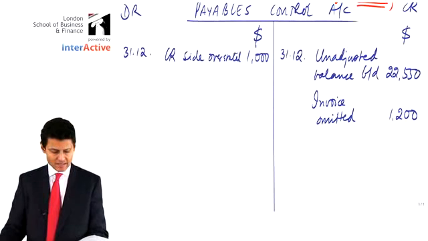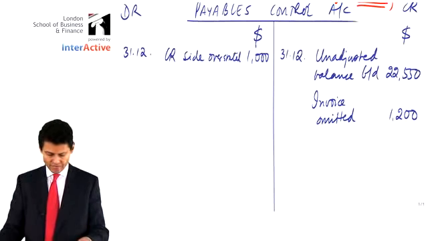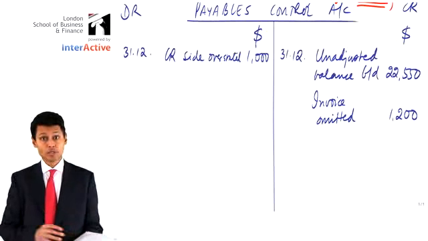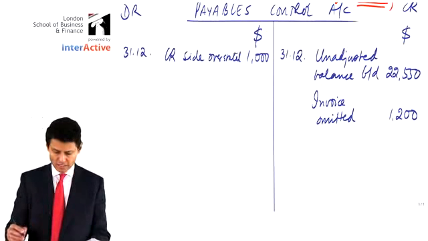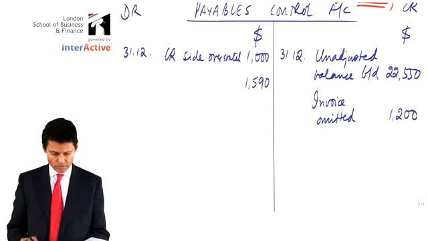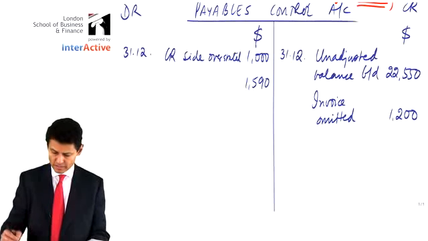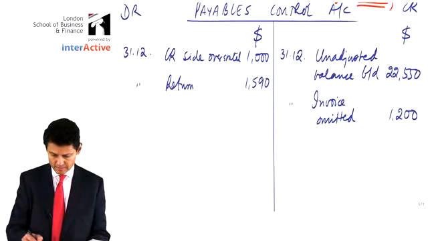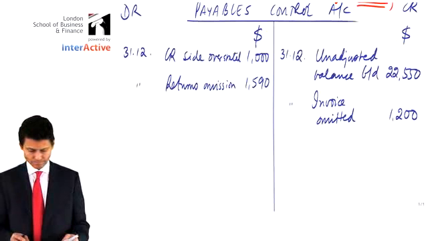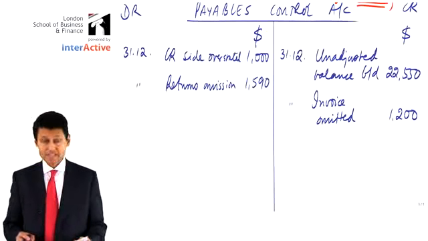So that kind of adjustment of 1,590 simply means the items on the credit side are overstated. So what I need to do is to put this onto the debit side to record the fact that we have returned the goods. So I'll say ditto, and I'll just say returns omission, 1,590. So that's the third item.